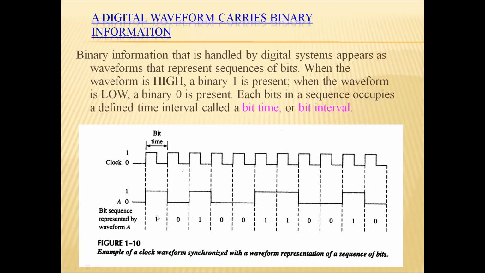And this is a bit sequence. When this is 1, a binary 1 is presented, and when it is 0, a binary 0 is presented. Each bit in a sequence occupies a definite time interval called a bit time or bit interval. That's what is called a bit time.